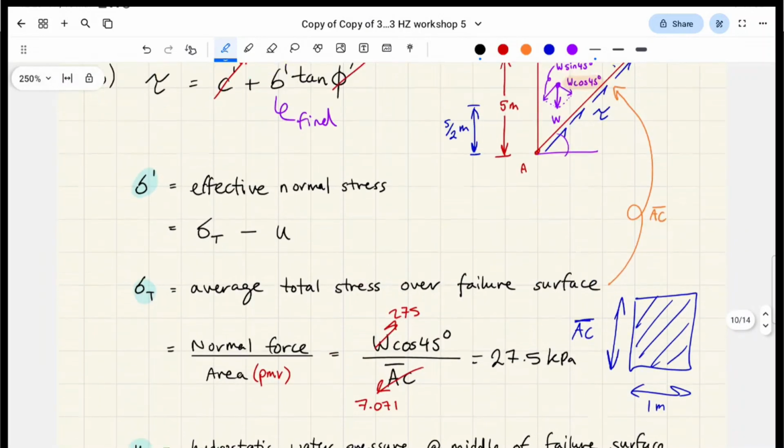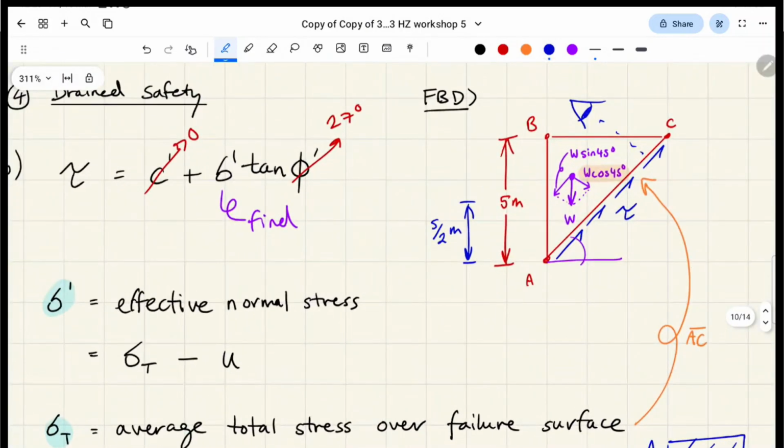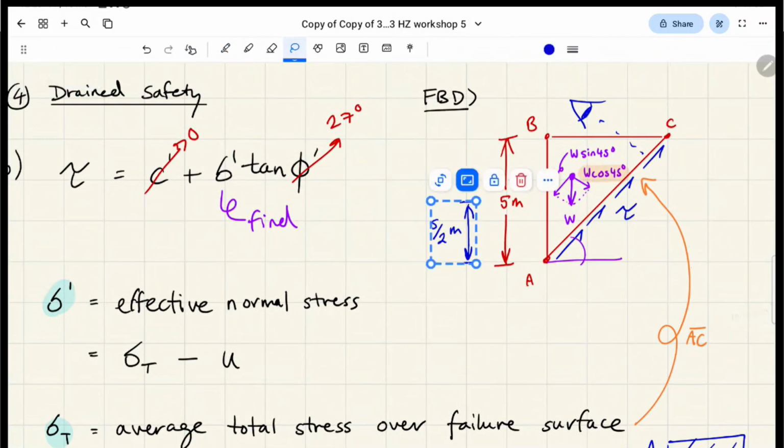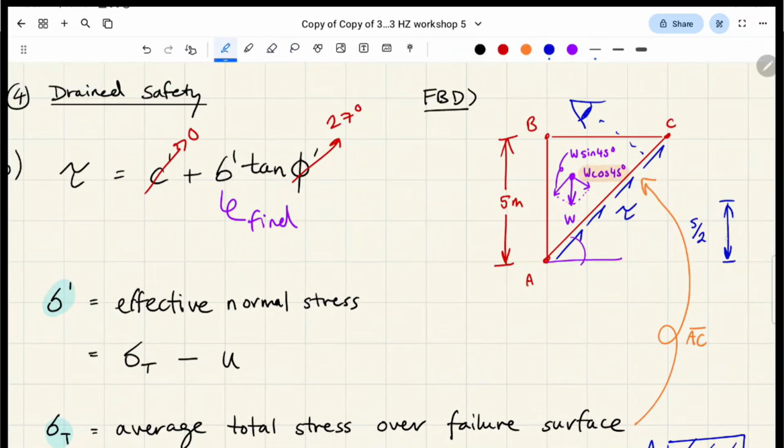Just kind of think of it like this. We're looking at the soil block, and we know that there's no water flowing through it. I don't know how to explain this very well, sorry.